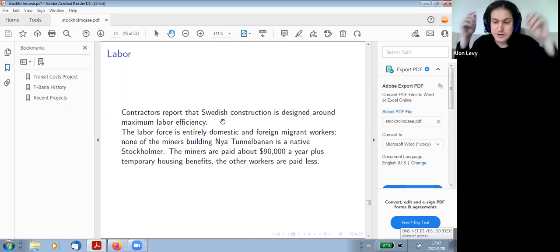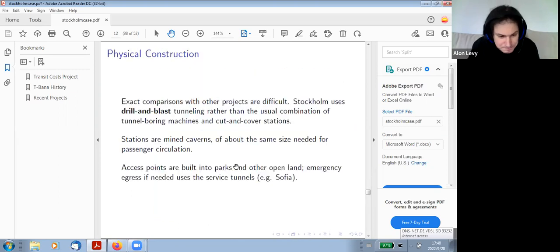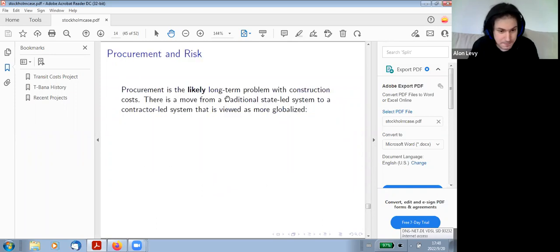So the fact that Sweden manages to maintain a similar labor ratio, and bear in mind, Citybanen is not the world's cheapest, but it's a complex regional rail tunnel. Istanbul's Marmaray, a comparable and probably much more difficult project, was also, by Istanbul standards, very expensive. So the fact that they keep it to 23% is notable.